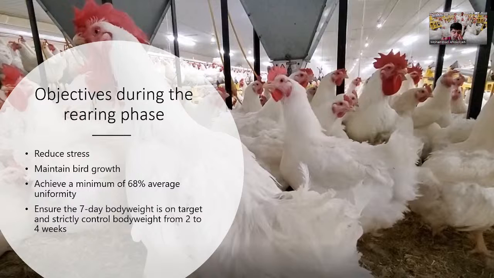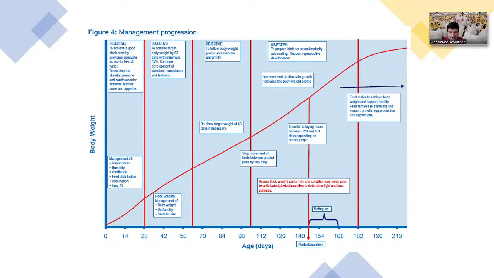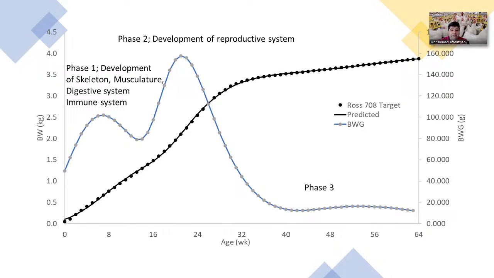After 7 days, or after the first week, you need to follow the guideline, I mean the body weight target, until 4 weeks of age. And this is one of the most important things. Again, I'm gonna talk about that. So from the second week all the way to 10 weeks of age, you need to go on the target body weight.